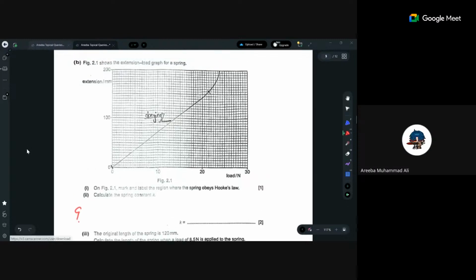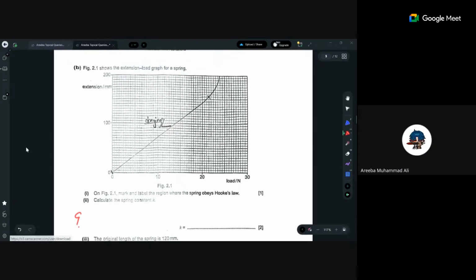I don't understand the extension load graphs. In extension load graphs, you have to memorize only 2 points. One, its gradient gives you the spring constant and its area gives you the elastic potential energy.